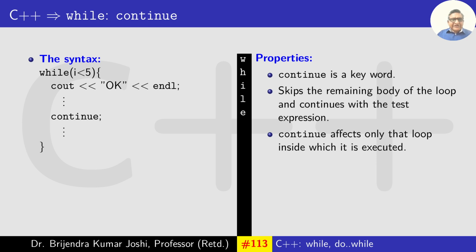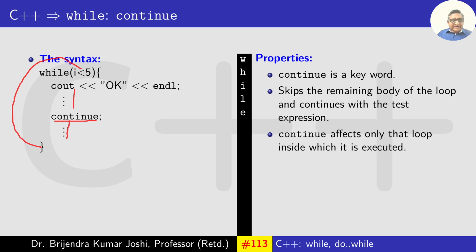Now similarly, continue. Here what happens? Once the loop body is entered, it keeps on executing the statements, and if due to any reason continue is executed, then what does it do? It skips the remaining statements. It does not execute the statements following continue. Continue is also a keyword. It skips the remaining statements and again enters the test expression.